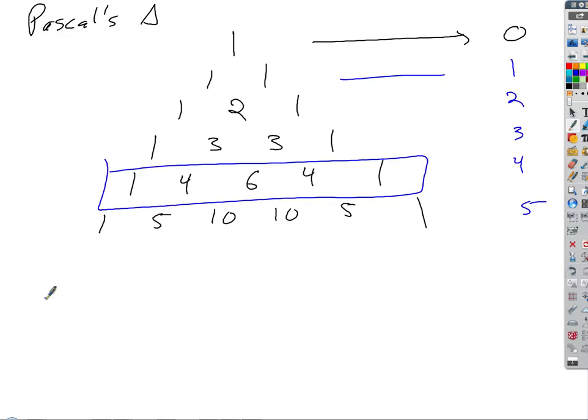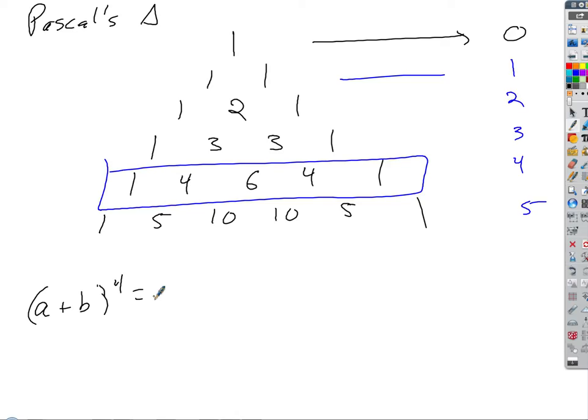It tells us that a plus b quantity to the fourth is equal to those coefficients times powers of a and b that we'll discuss how we get the powers in a second.